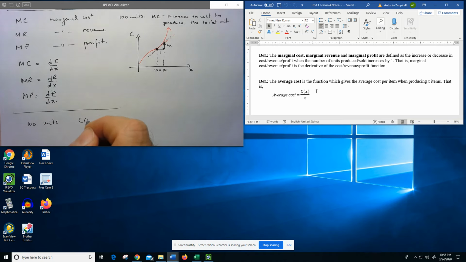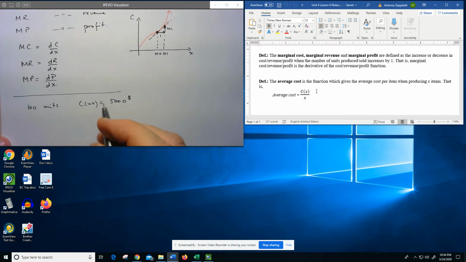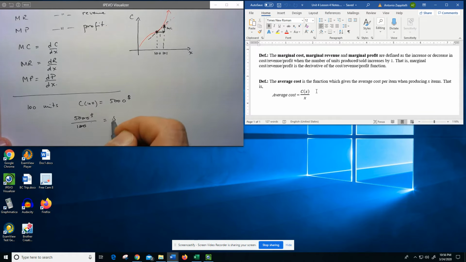Okay, and the cost for this 100 units is $5,000. Well, what's the average cost? Well, it makes sense that I just take my $5,000 and divide it by the 100 units that I've made. Okay, so on average, it costs me $50 per unit.